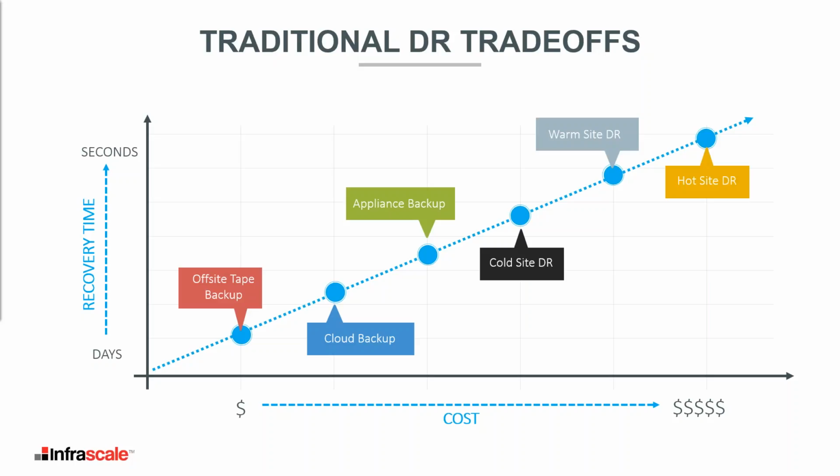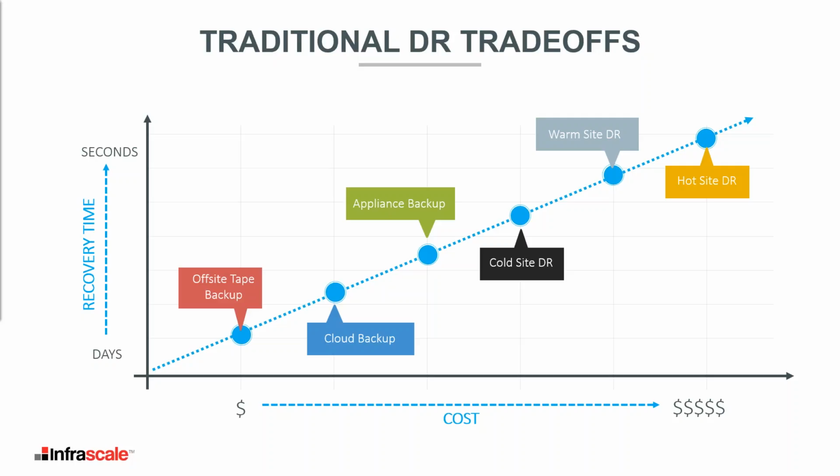And then on the far right, on the other end, you have hot site disaster recovery. The primary and secondary systems are running simultaneously. The data is mirrored to the secondary server in real time, so both systems contain identical information. It has the fastest RTO, recovery time objective. But this is really expensive.